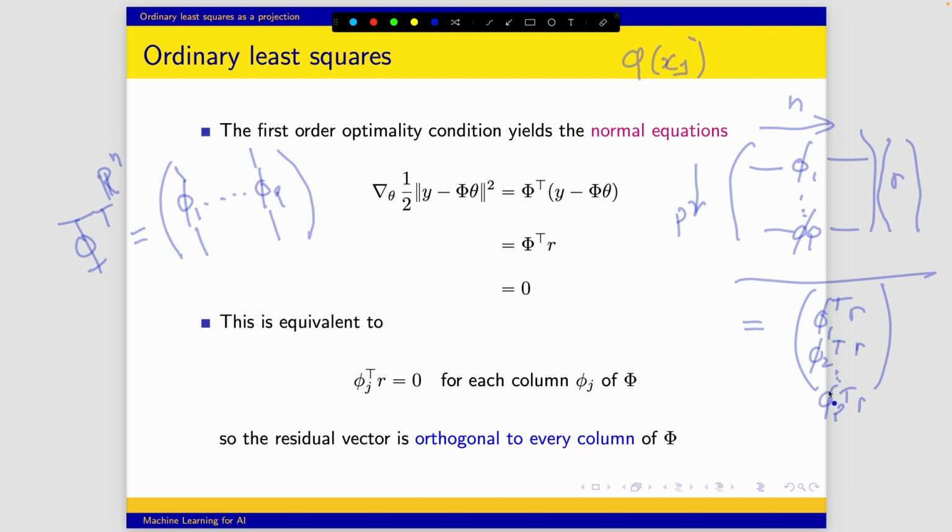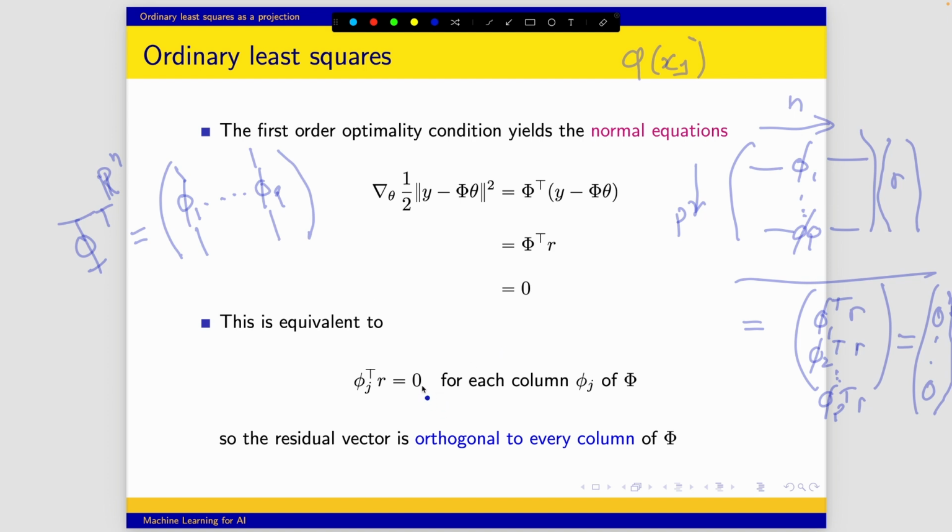That's what the components of this will look like. And each of these has to be equal to 0 because this is the 0 vector. So each of these dot products is 0. The dot product of the residual vector with each column of our design matrix is equal to the number 0.